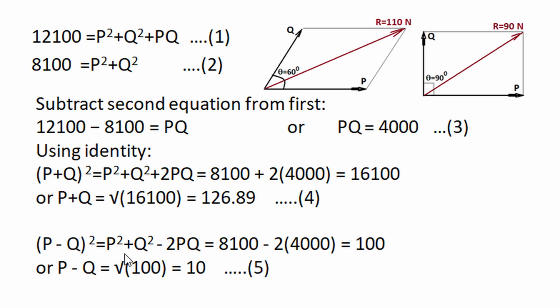Similarly, p minus q whole square is p square plus q square minus 2pq. pq is 4000 and p square plus q square is 8100, and when we solve it, it comes as 100, and by square root, p minus q becomes square root of 100, which is 10. And now we'll use these two identities, the sum of p and q as 126.89 and the difference of the two, that is 10, to find the values of p and q.